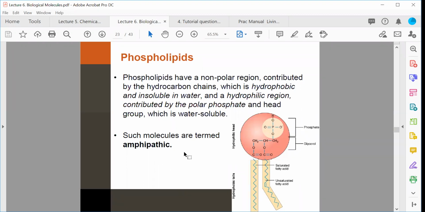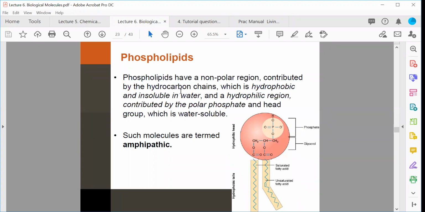Okay, they have both the water-loving and the water-fearing region within the one molecule. Okay, so phospholipids have a non-polar region contributed by the hydrocarbon chains, which is what we see down here. And these two chains happen to be fatty acids, which we just learned about a couple of slides ago.